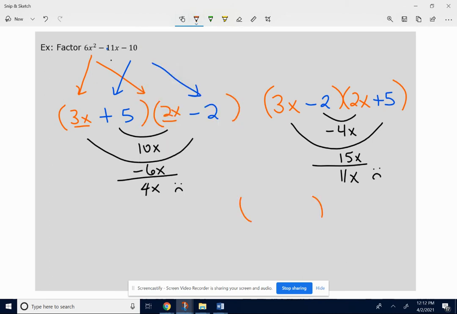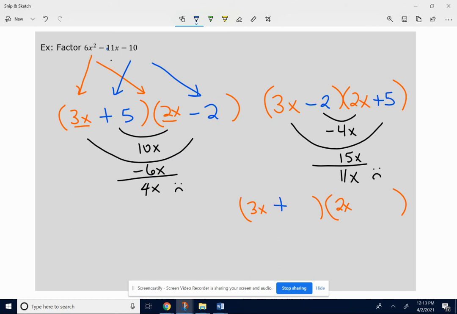So we're finding two things that multiply together to give me 6x squared, and putting them in the first positions. I'm going to try 3x and 2x again, but instead of using 5 and negative 2, or negative 2 and 5, I'm going to try a positive 2 and a negative 5 for negative 10.